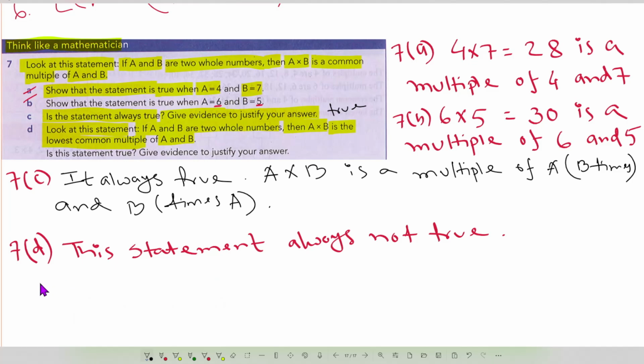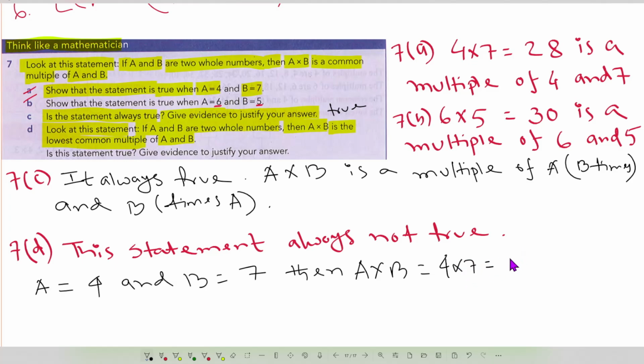Suppose A equals 4 and B equals 7, then A times B equals 4 times 7 equals what? It should be 28, right? It is 28.